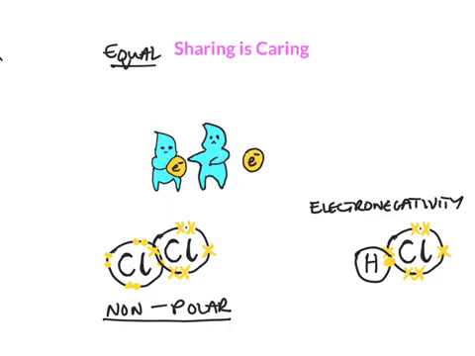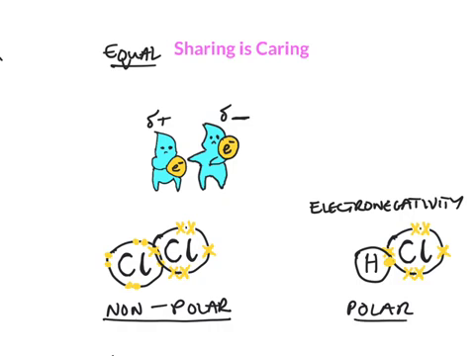And because the electron is unequally shared, this chlorine develops a little bit of a partial negative charge, just shown like this. And the hydrogen develops a partial plus. And because of that, we say that they're almost charged, and that's called polar covalent. And that's something you learn about later on in chemistry courses.